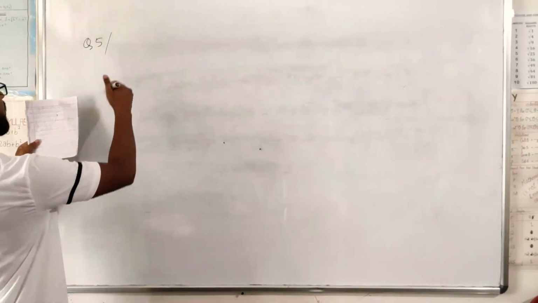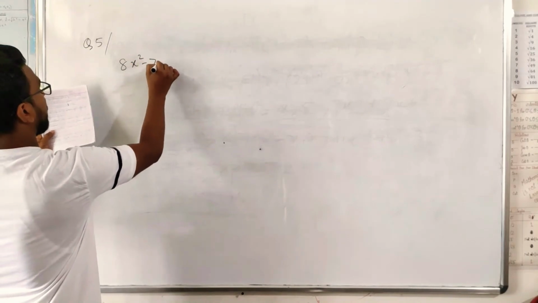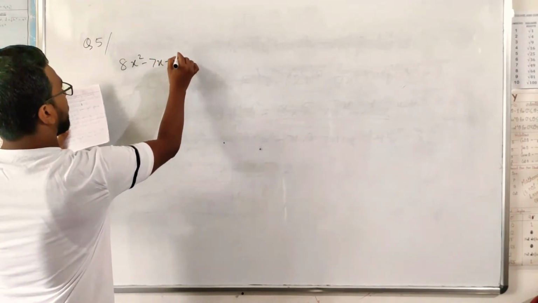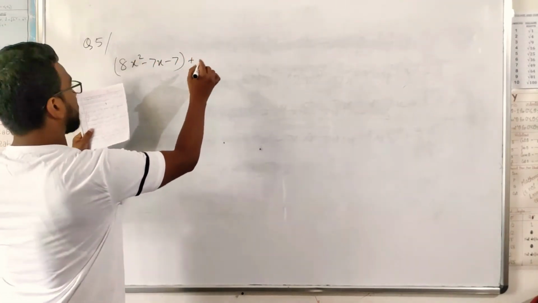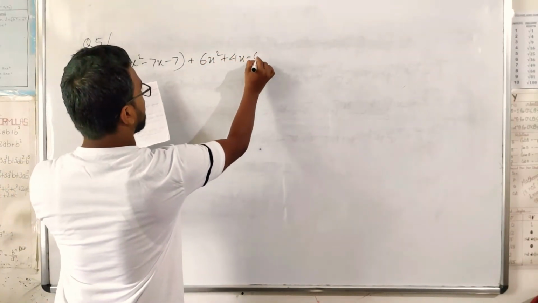So how can you write? We can write like this: 8x square minus 7x minus 7 plus 6x square plus 4x minus 6.